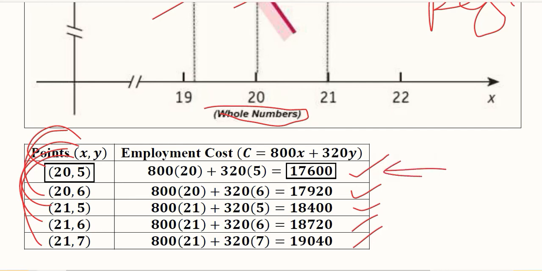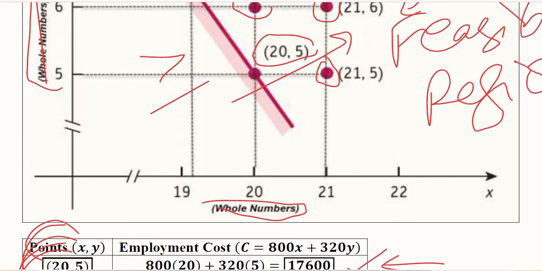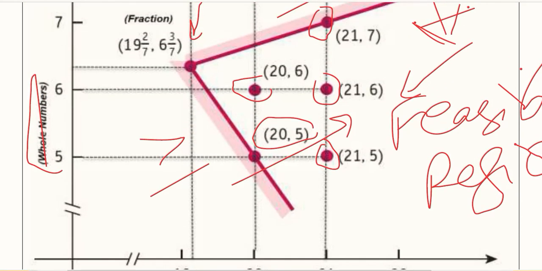So this first one is actually the combination in which we have the lowest possible cost as compared to the other costs. So we choose this combination, which is 20 and 5. We can also view it here. This is the point that is found to be optimum because it gives rise to the lowest cost.